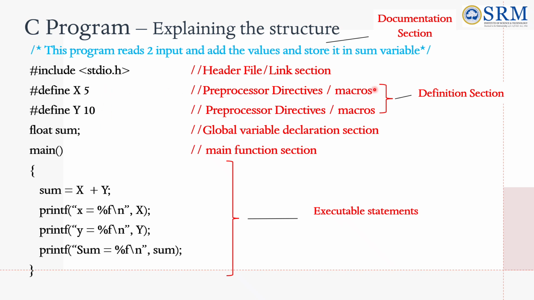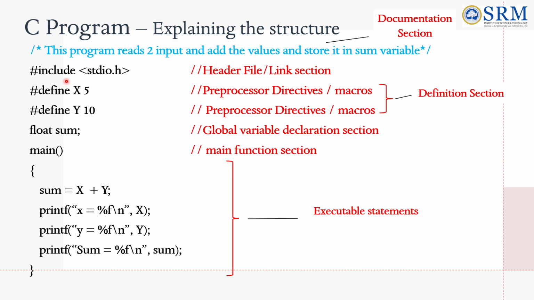The other name is macros. Here x and y are the macros, 5 and 10 are the values in it. The syntax to follow is #define space x space 5. For macros, we need not define its data types. Also, the lines need not be terminated with semicolon.